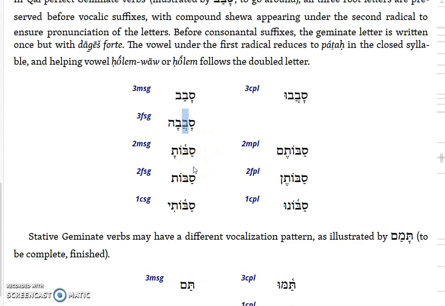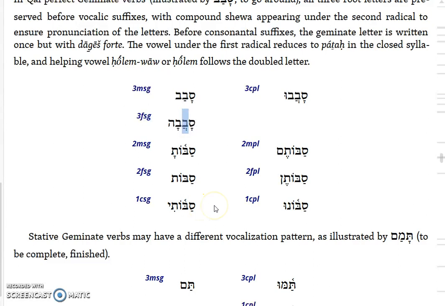But then in the second masculine singular, it shows up as a doubling, sabota. And here the second bet of the root is in the dagesh forte in that particular form, and note the unusual vowel. And then sabot for the second feminine singular, perfect.